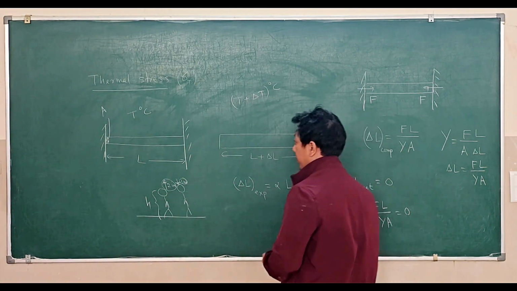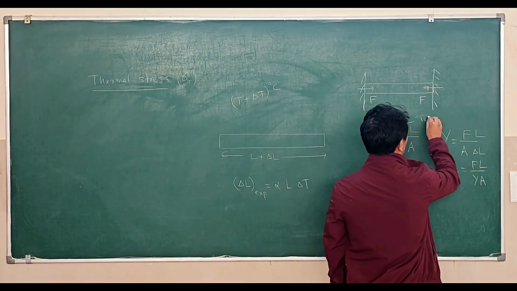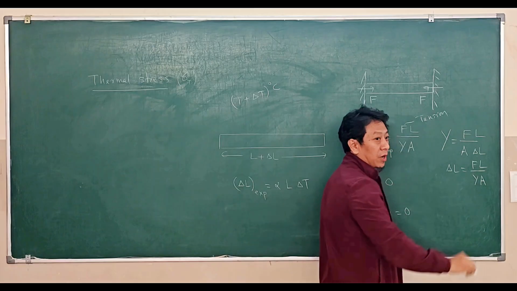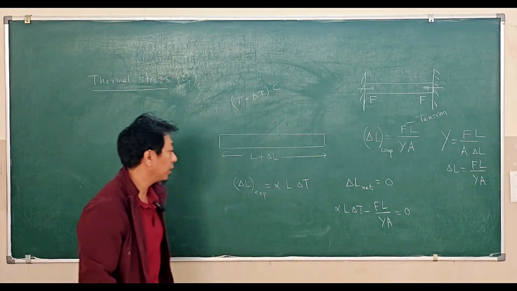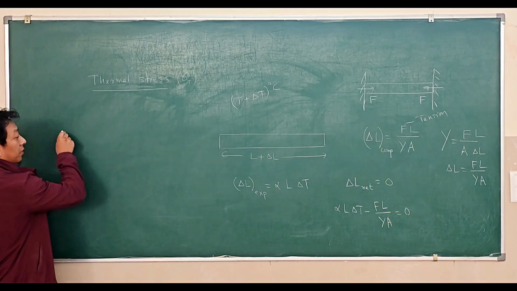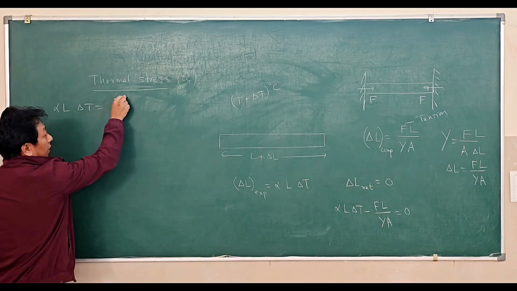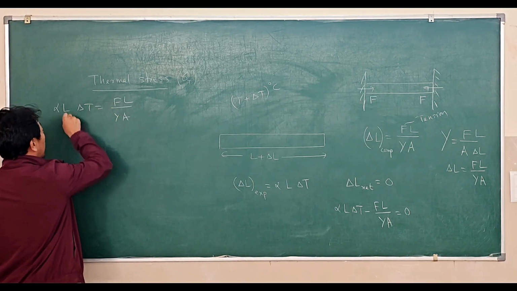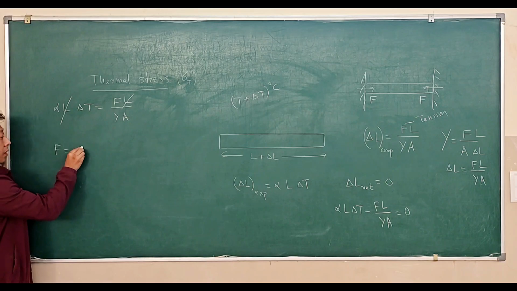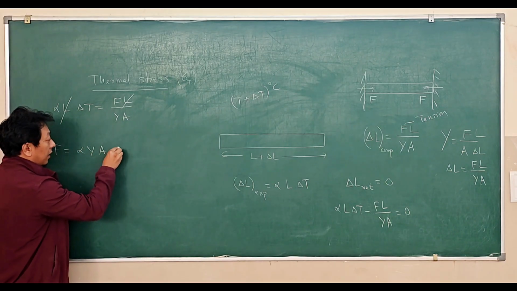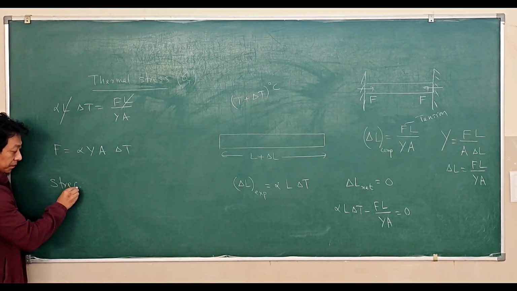So from here what will you get, guys? Acha, this F is by the way tension everywhere, okay? But T I don't want to write because T I am using for temperature. So now tell me what will be stress from there. So alpha L delta T will be FL by YA. What gets cancelled? L. So what will be F? Alpha YA delta T. But our aim was to find the stress.